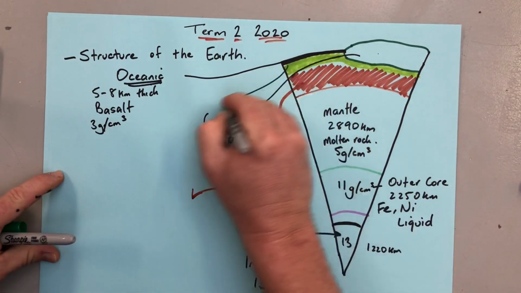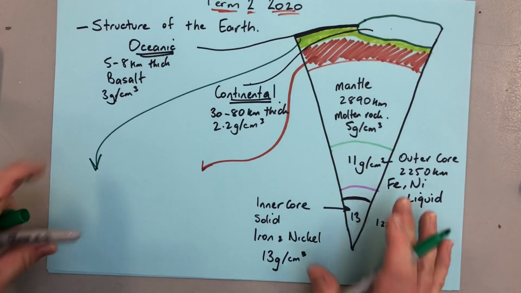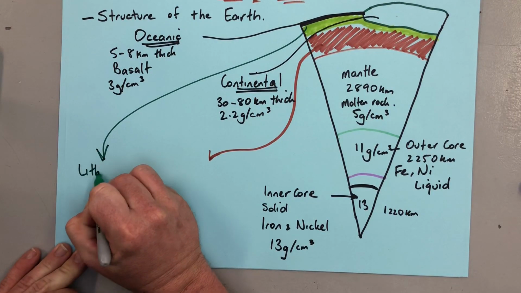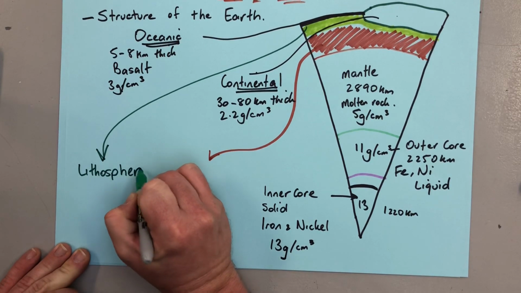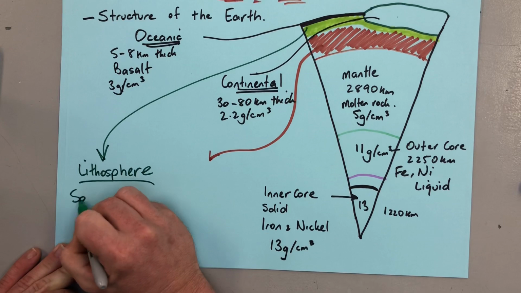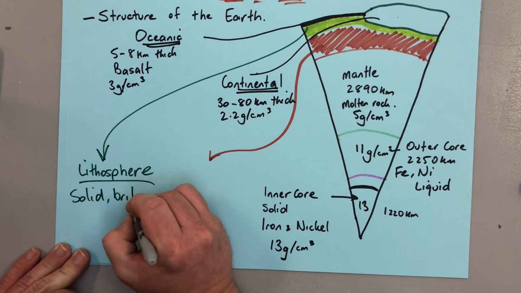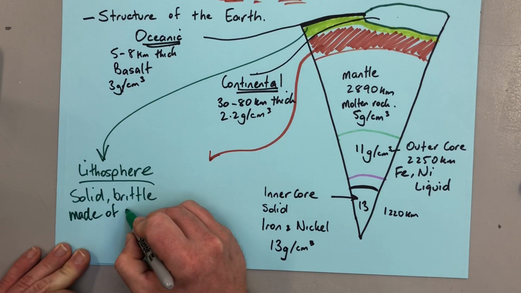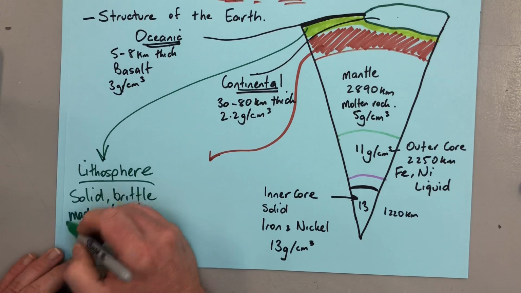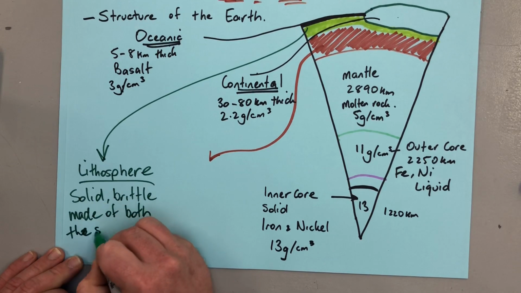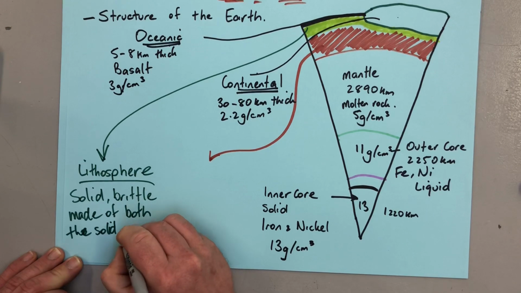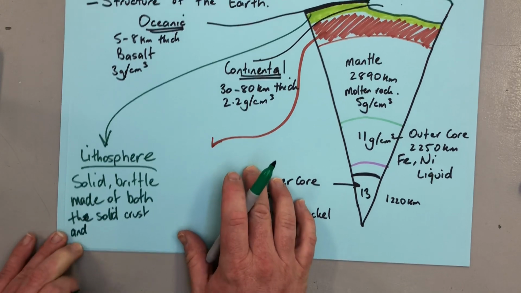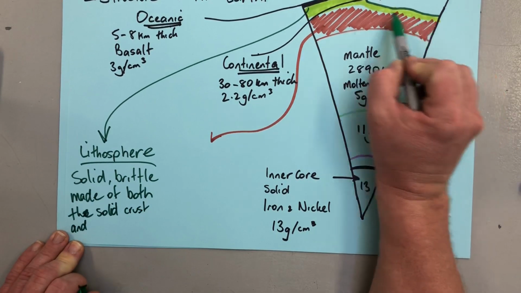I'm just going to draw this one over here. I hope you guys can see that all right. Let's go with this top layer here. This top layer here is called the lithosphere. It is solid and it is brittle, and it is made of both the solid crust and this part of the mantle here.